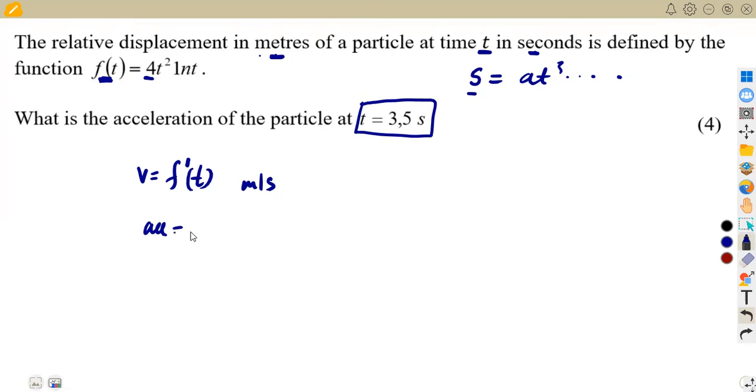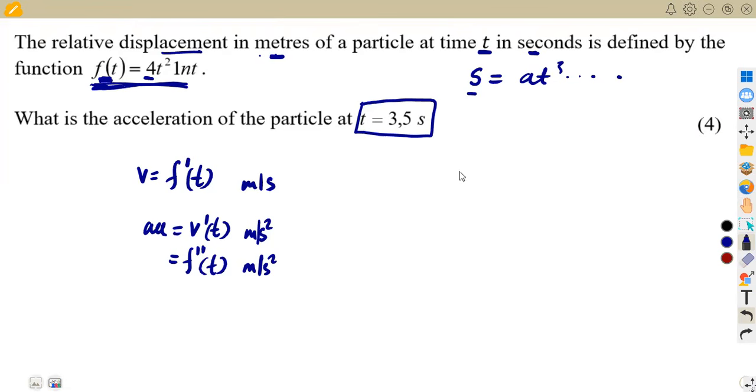Acceleration is going to be the derivative of the velocity that you obtain, or simply the second derivative with respect to t. So for acceleration, you have to find the second derivative of the expression representing displacement.